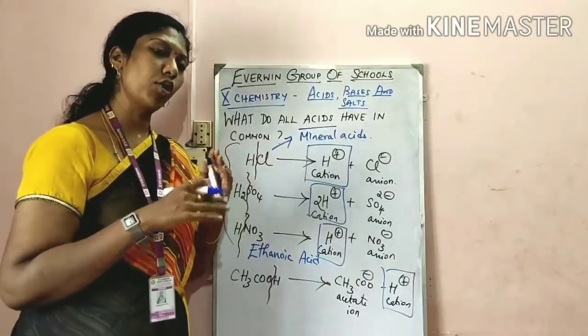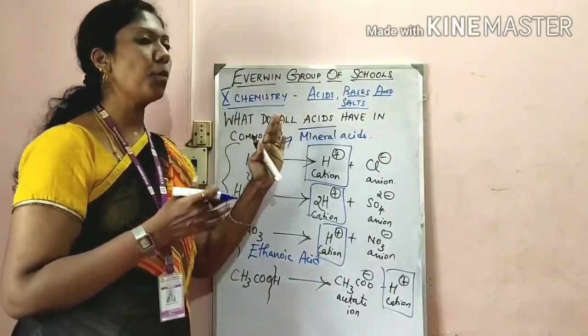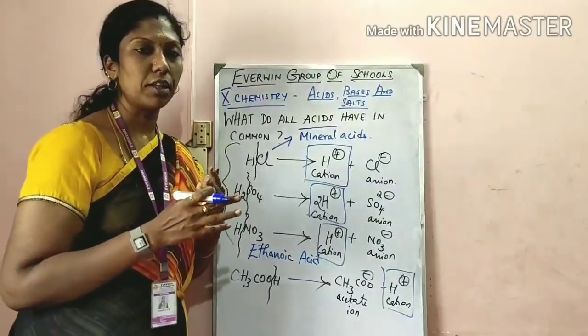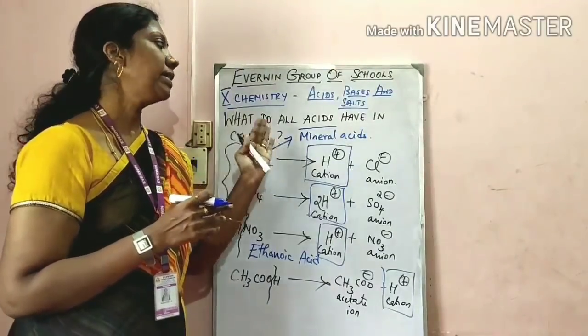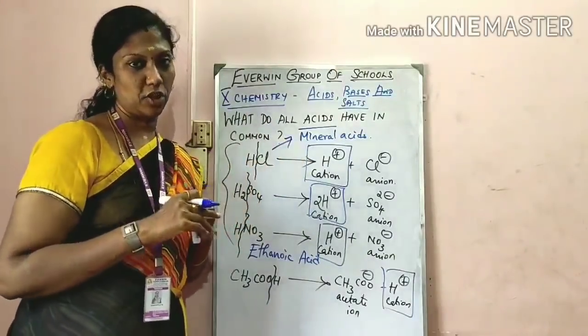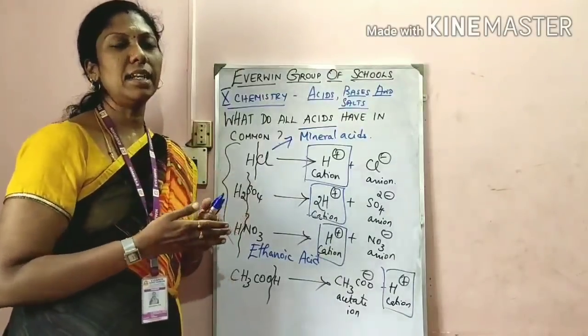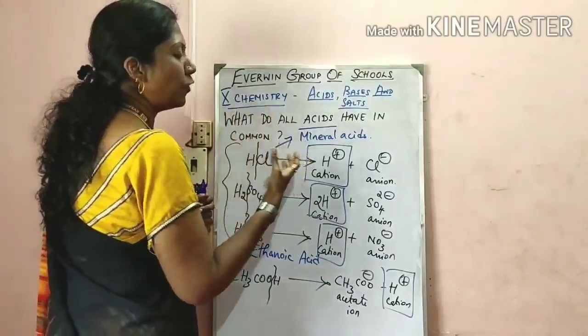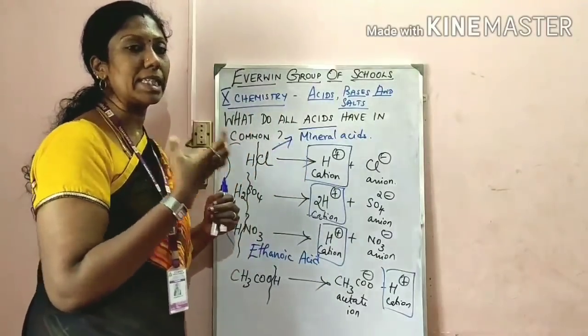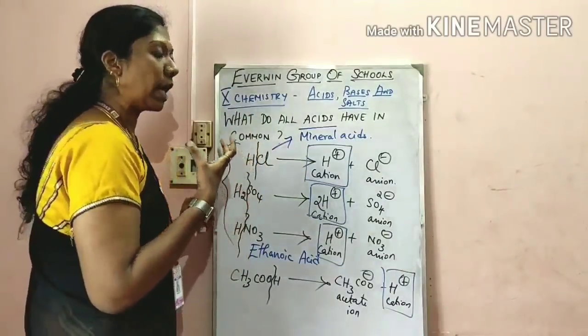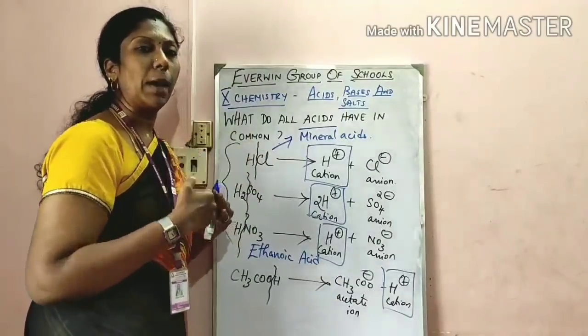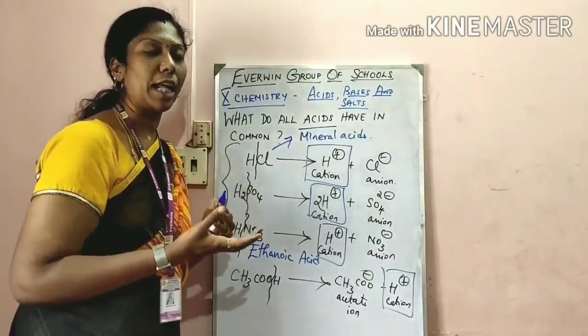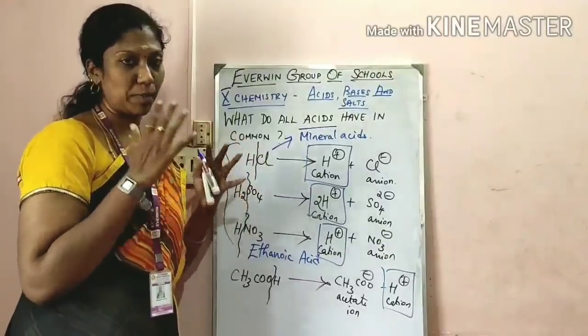No, that is totally different. All compounds containing H are not acids, but acids will contain H. You will understand that when we perform an activity now. By the result of that activity, you will come to know which compounds come under acids and which are not acids, though they have H in common.